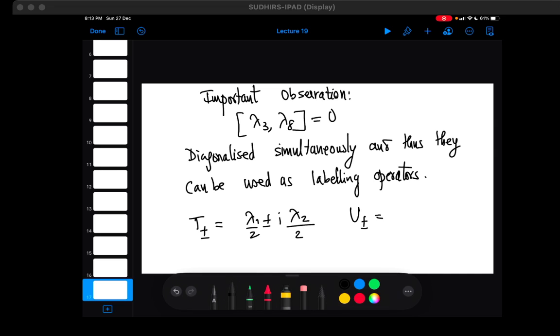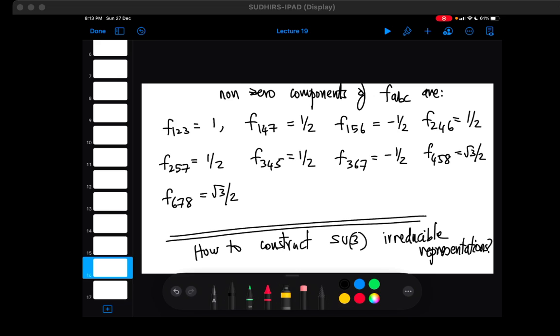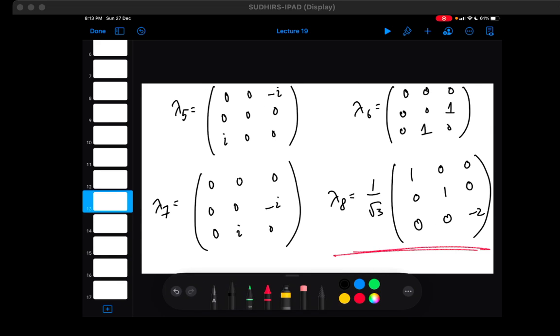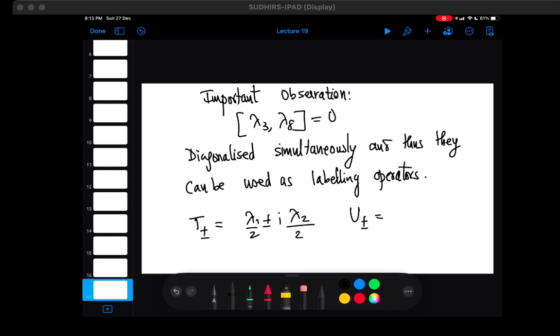If you remember, 6 and 7 are in the bottom 2 by 2 block of lambda 8. So in the bottom 2 by 2 block you can have the raising and lowering operators, which would be lambda 6 by 2 plus minus i lambda 7 by 2.